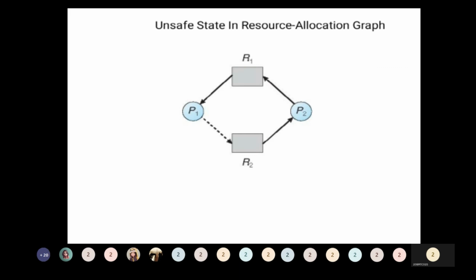For completing, if P1 needs R2, it will request R2, which is currently held by P2. P2 will leave R2 only when it gets R1, which is held by P1. Here a cycle is formed, so there will be a deadlock.